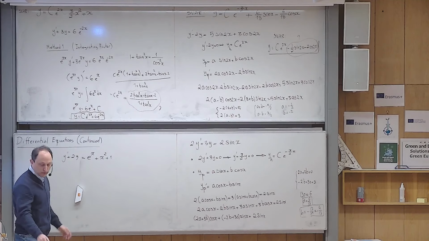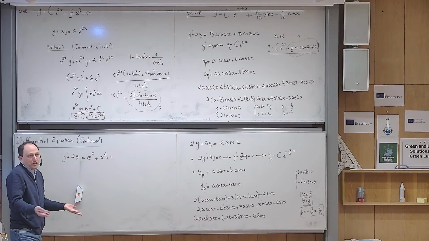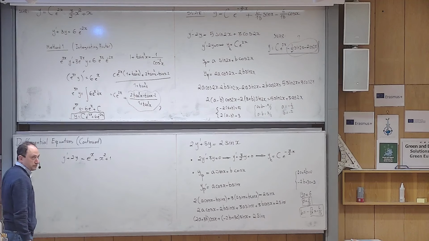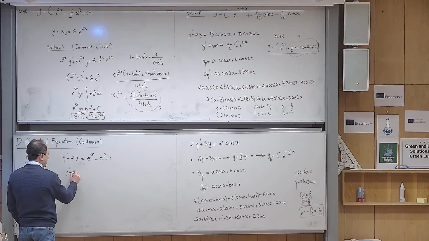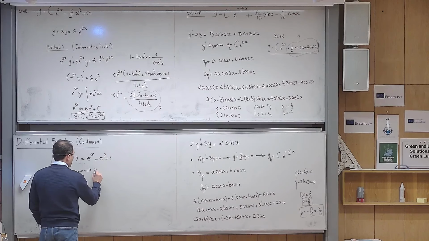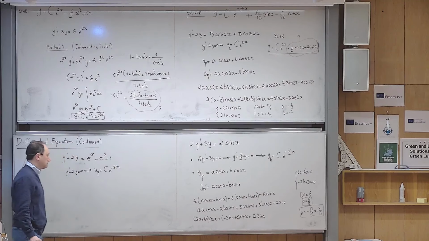Okay, because the algorithm is independent of what you guess or whatever. But the second part is just to find a way to guess. If you can, the algorithm works. But what we do here, I would write it as y prime plus 2y equals 0 again. But then what happens? yh becomes c e to the power minus 2x.